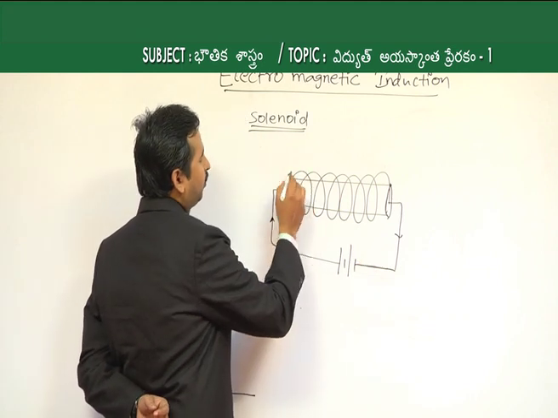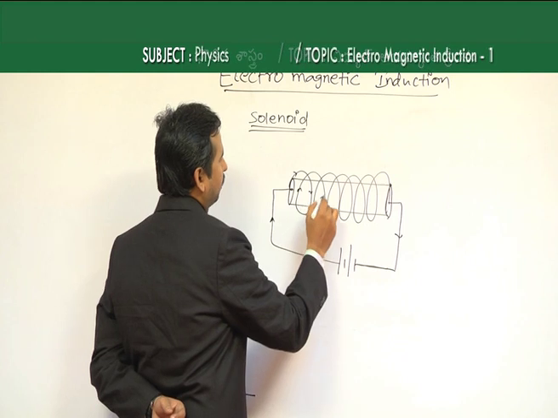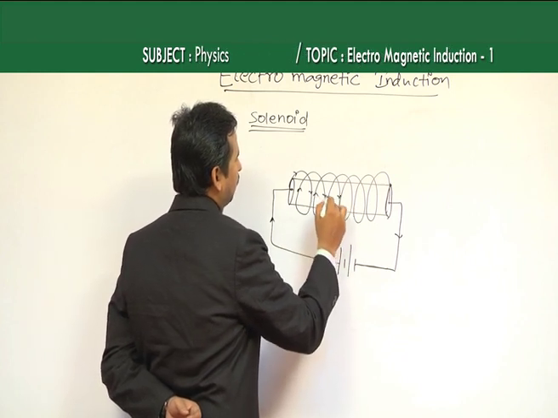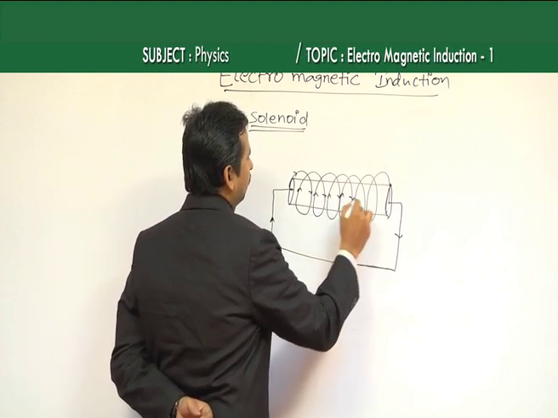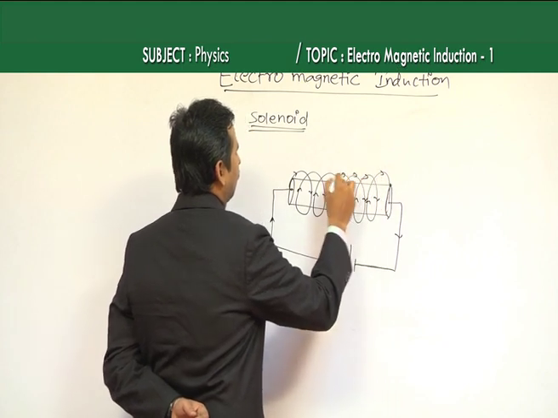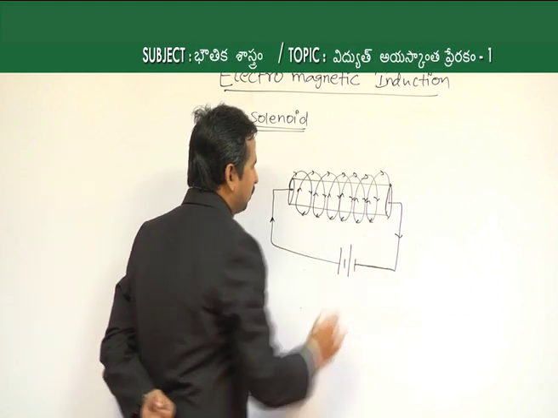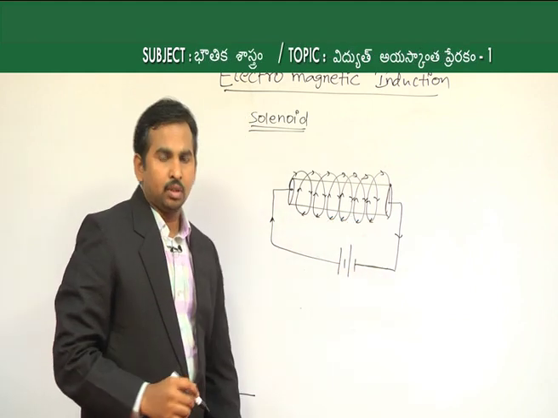The direction, if you observe here, in one case it is coming down and going up, again coming down and going up like this. Here we have a number of turns.